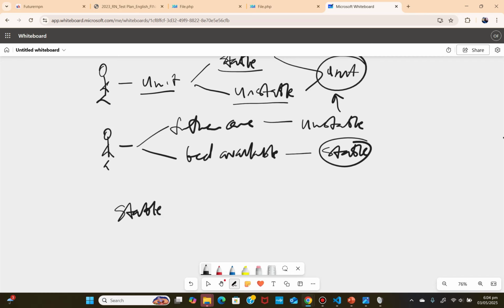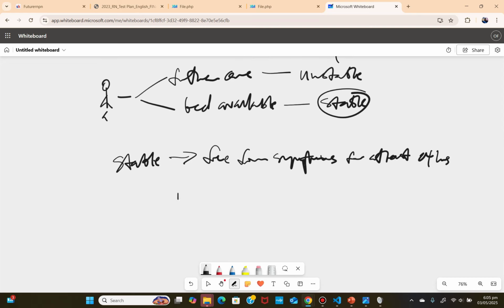So let's define a stable client. A stable client is a client who is free from any kind of symptoms for at least 24 hours. So the NCLEX might tell you, let me give you an example right now. A patient who has hypertension, and their blood pressure reading is 170 over 100. This particular patient, obviously, is not stable because this is not within range.